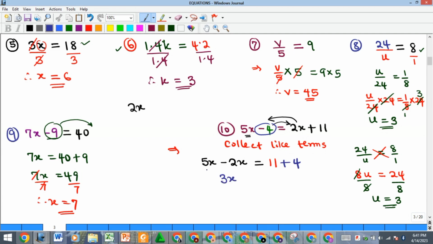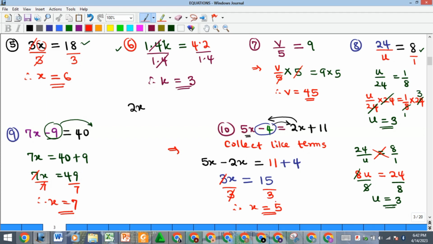Remember, this subtraction, you use the coefficient. 5 will just subtract 2, you have 3, then you just bring down the variable, which is x, and that's equal to 11 plus 4 is 15. So at this point, you can easily do your division. So 3 is dividing both sides because we want x to be alone. Therefore, our x here is equal to 15 all over 3, which is equal to 5. And that's the solution to this problem.